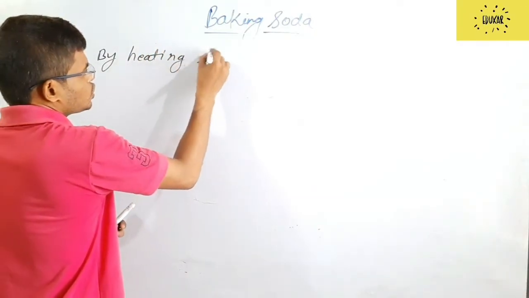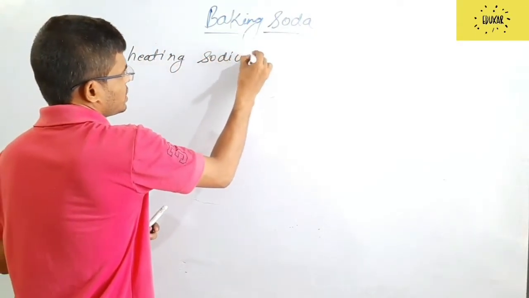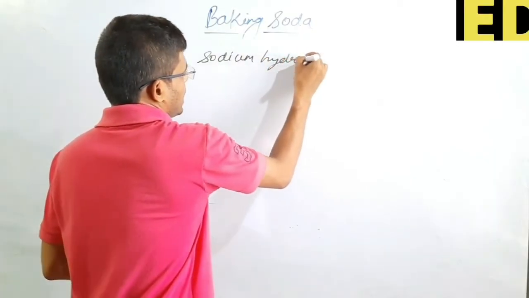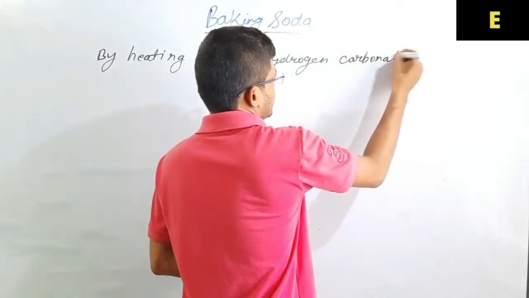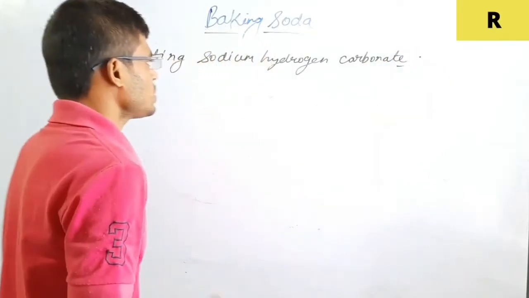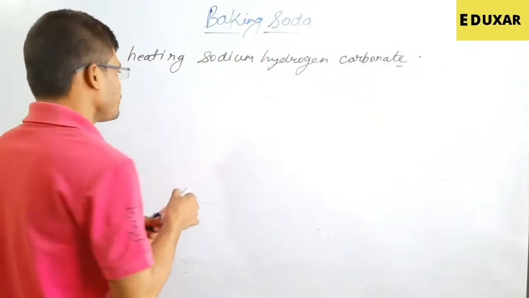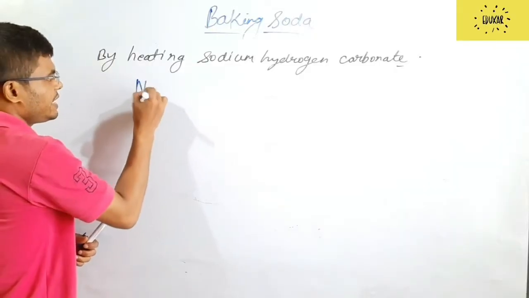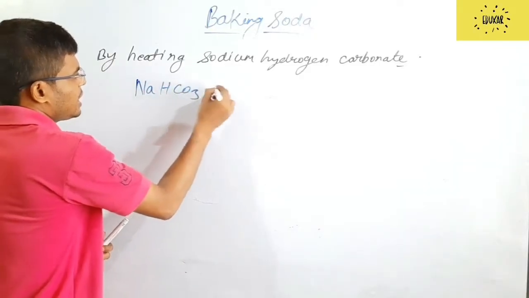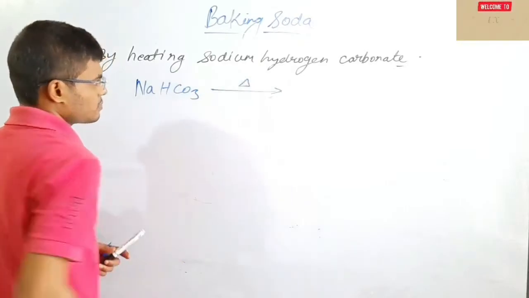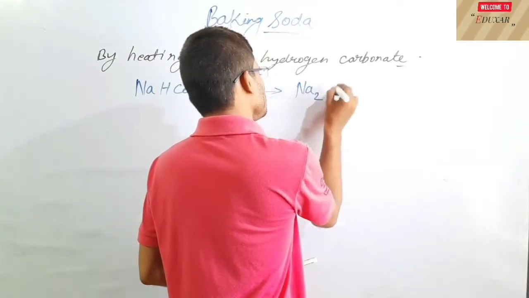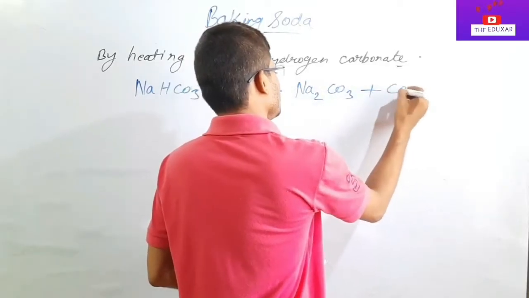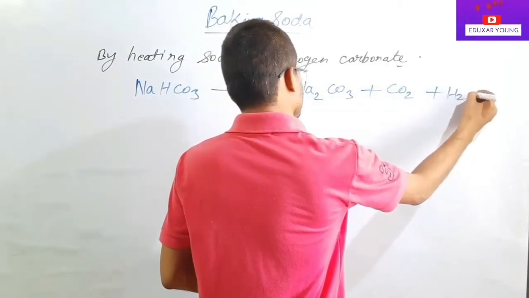by heating sodium hydrogen carbonate. So whenever we heat the sodium hydrogen carbonate, what we observe from there is that the NaHCO3, whenever we heat, then we get here Na2CO3 plus CO2 and H2O.